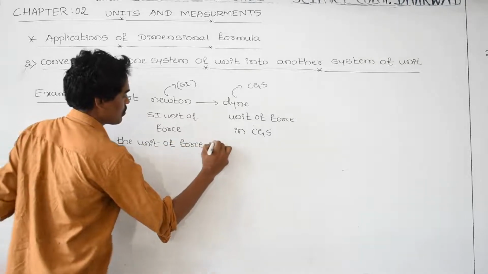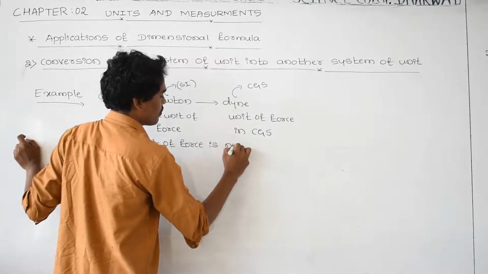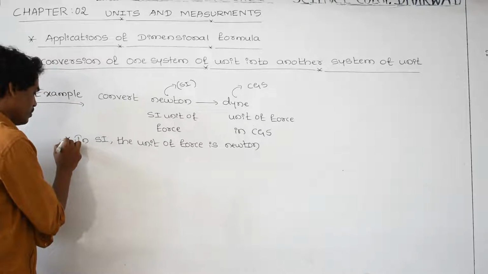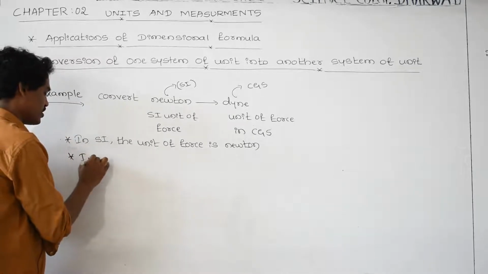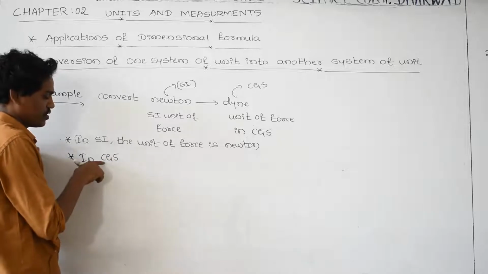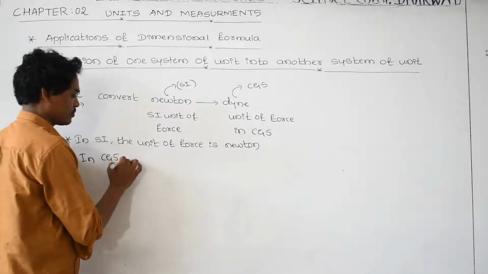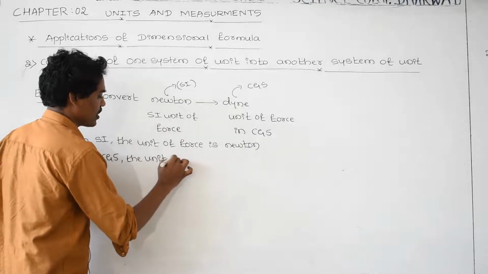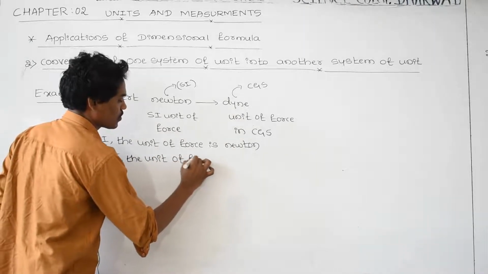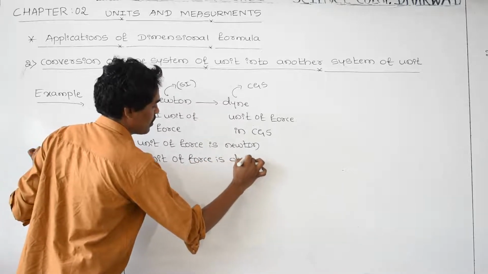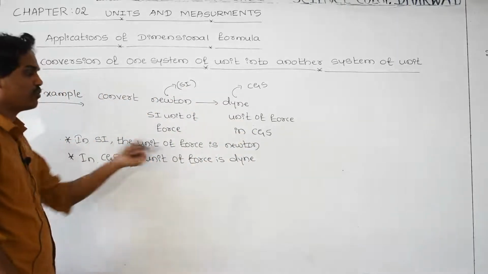In the CGS system, meaning centimeter gram second, the unit of force is dyne. We have to convert Newton to dyne.